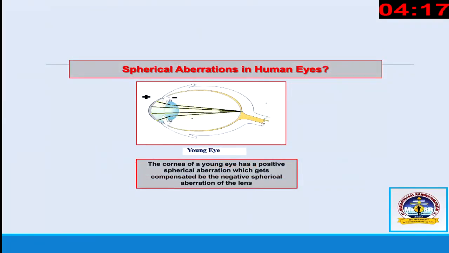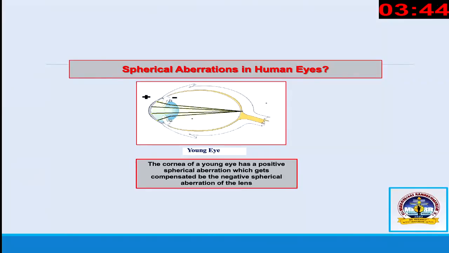And also we know that most of the EDOF IOLs nowadays are based on tweaking the spherical aberration of the IOL. In the normal young human eye, there is positive corneal aberration to the tune of 0.27 to 0.3 micron, and the lens has a negative spherical aberration to the tune of minus 0.20 microns.